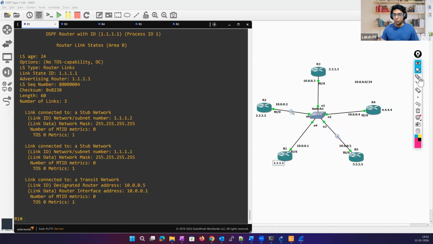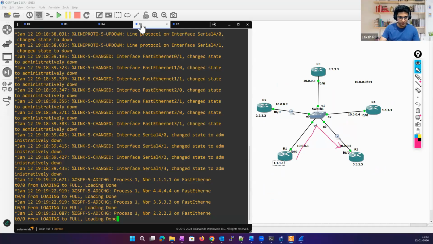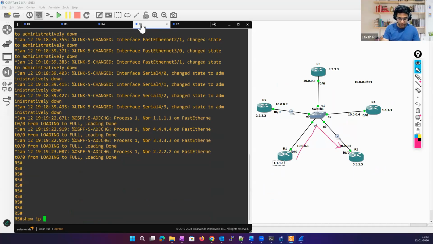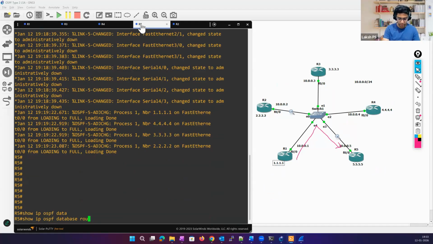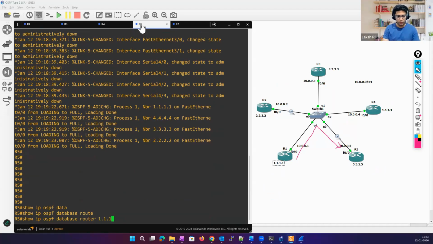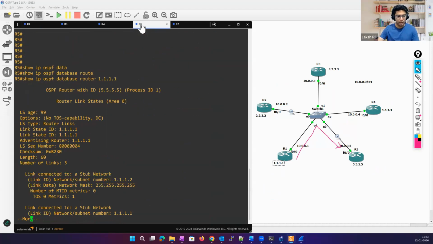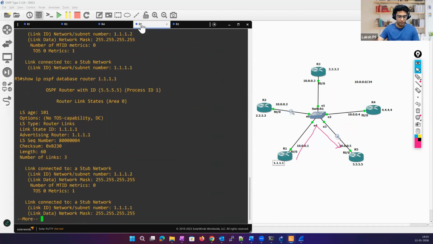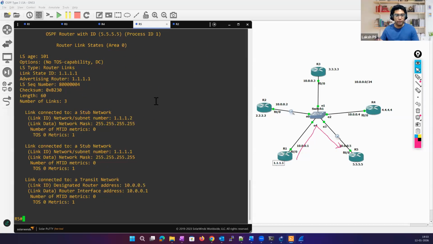Obviously, R1 will share this information with R5. Let's check on R5, does R5 also have this information? Show ip ospf database router 1.1.1.1. Do not worry about these commands. Here you can see R5 now also knows about 1.1.1.1 and 1.1.1.2. Now R5 is going to share this information with R4, R3, and R2.